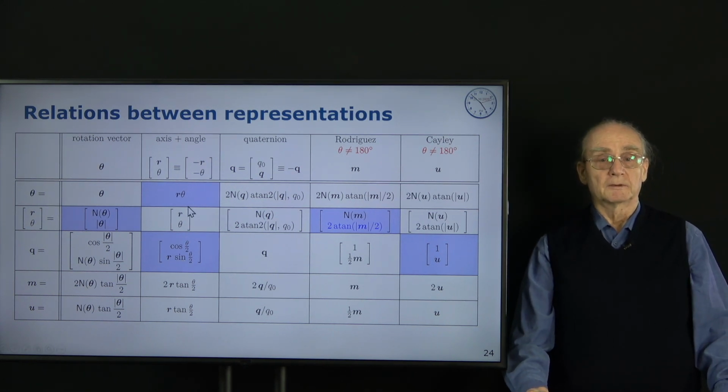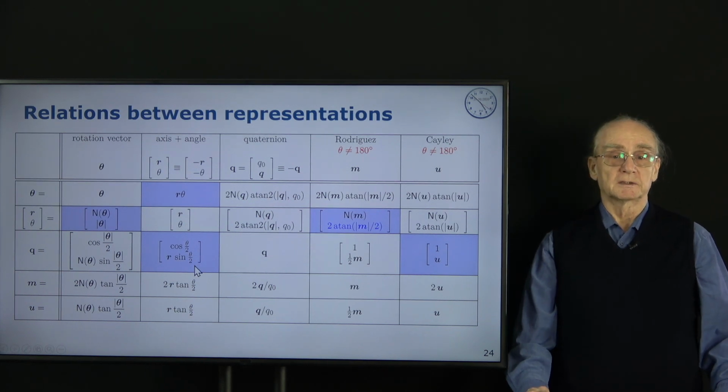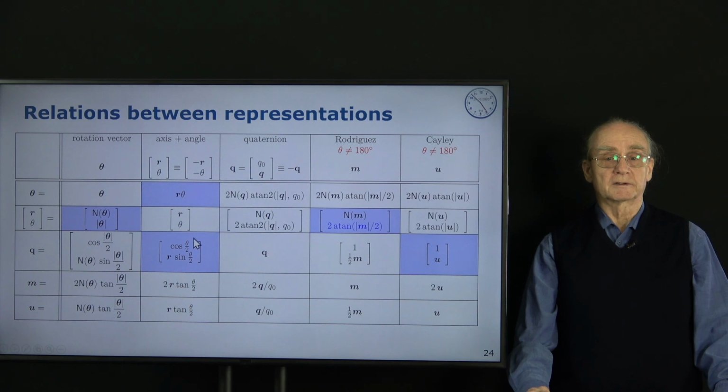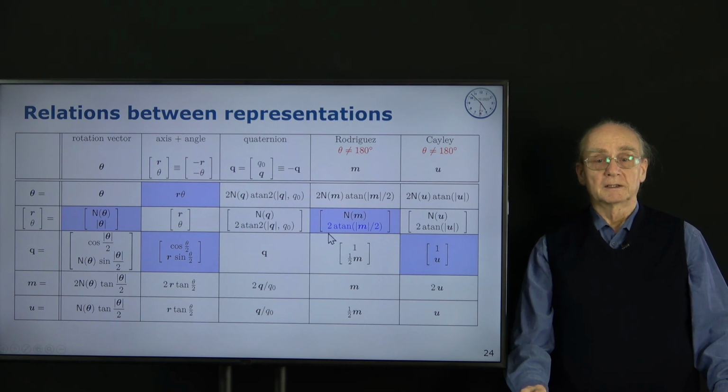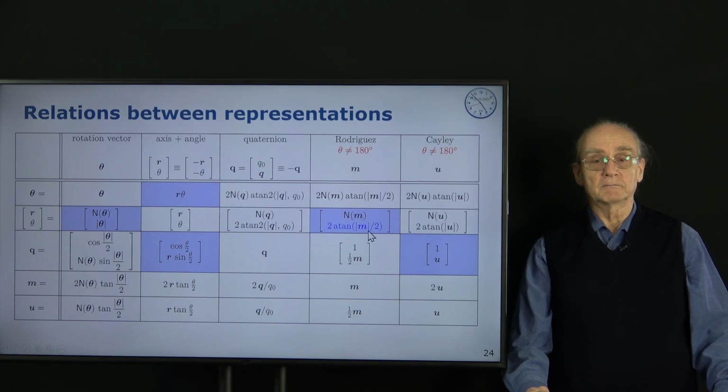Here we have the relation between the axis angle and the quaternion representation. So this is the unit quaternion which we discussed. We have the cosine theta half here, and the rotation axis multiplied with the sine of the theta half. Here, in this case, we have the Rodriguez representation. Actually, we only look at the angle here. So we have here 2 times the arctangent of the absolute value of m divided by 2.